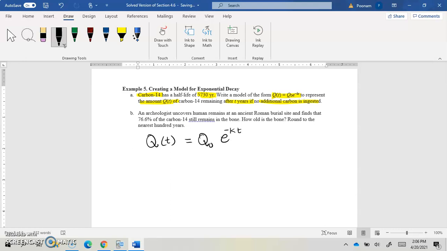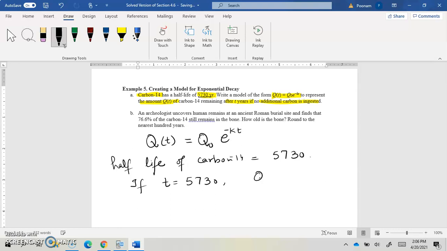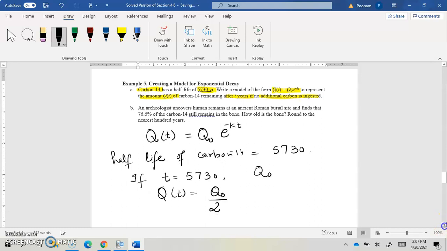Write a model. Now we need to figure out this function. Okay. So let's say we have whatever the initial amount is. The half-life of carbon 14 is 5,730 years, meaning if t is equal to 5730, where Q naught is the initial value, Q(t) will become Q naught by 2, half of the initial value.